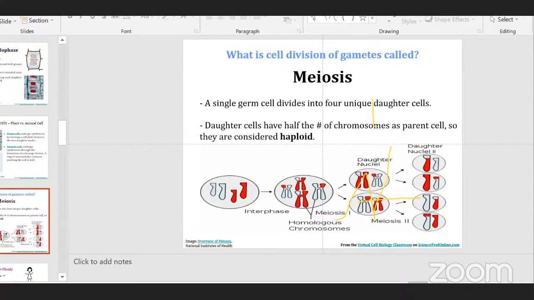Taking these three mechanisms, that is what they have shown: the reduction division, random assortment, and crossing over. What happens is the parents differ genetically, and no two human beings have ever shared the same genome. Even identical twins do not have an identical genome, unless they are produced by the same fertilized egg.